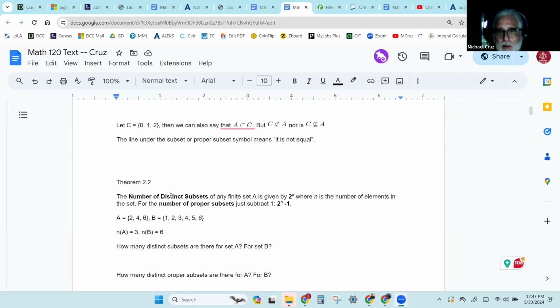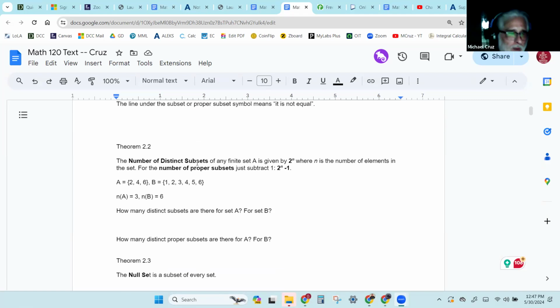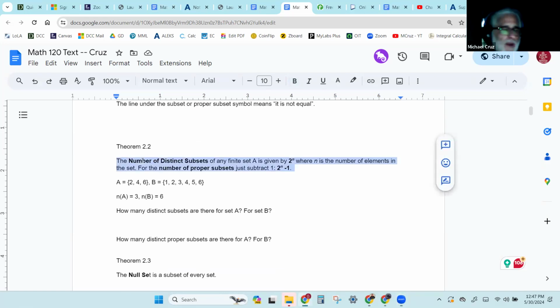All right, so let's talk about the number of distinct subsets. If we got a set and we want to know how many subsets it has, then there's a little formula for it. The number of distinct subsets of any finite set A is given by this little formula right here.